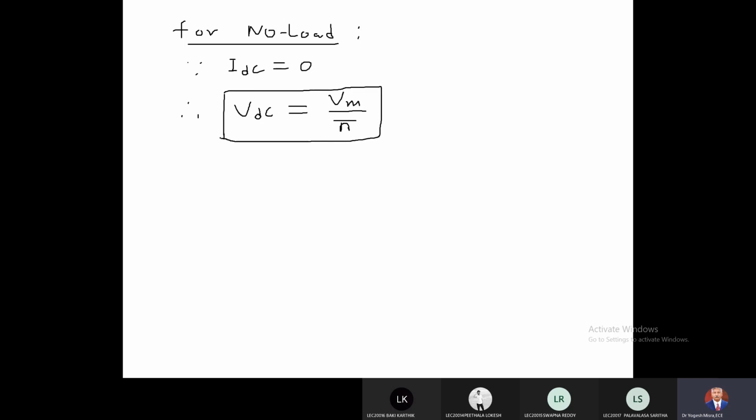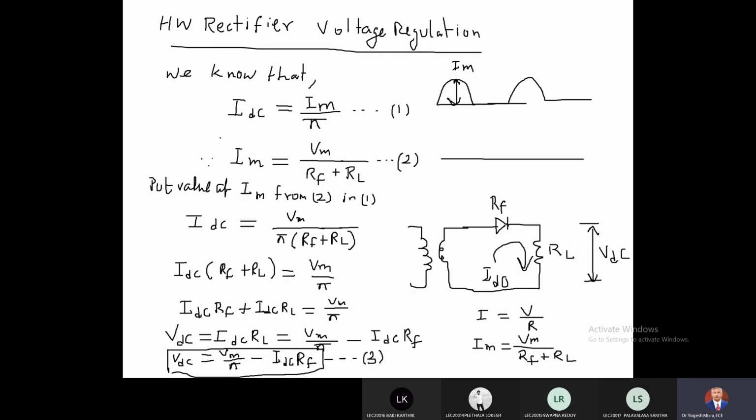Now if you connect the load resistance here, then IDC will flow. When IDC flows, IDC into RF is the voltage dropped here.